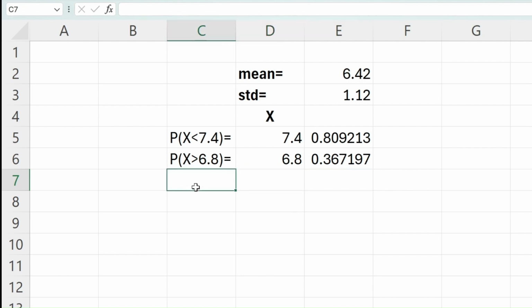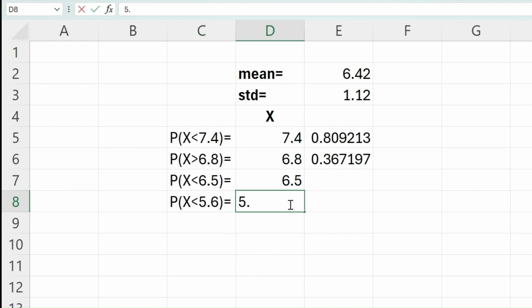First, we will find the probability of x less than 6.5, and we will store this value in an empty cell, and then we are going to find the probability of x less than 5.6 and store this value in the empty cell.